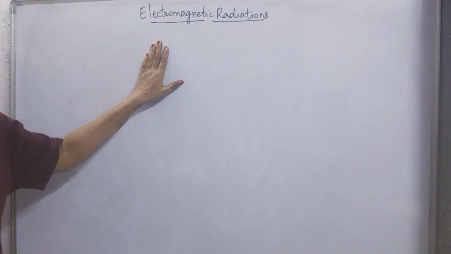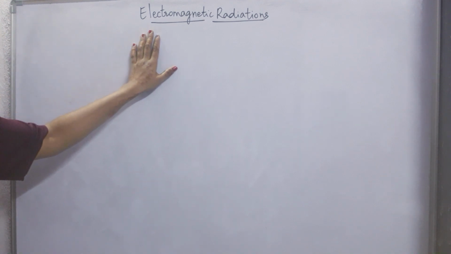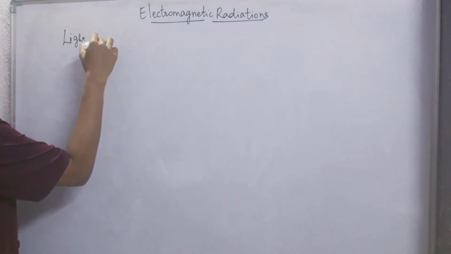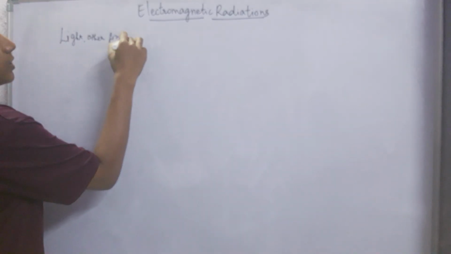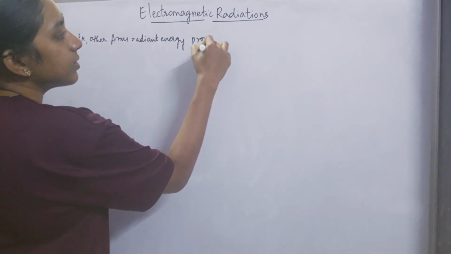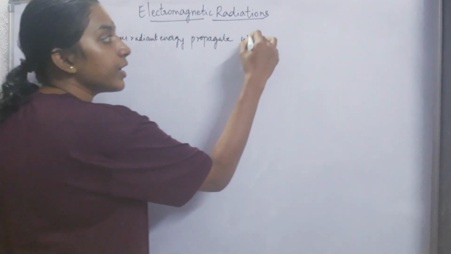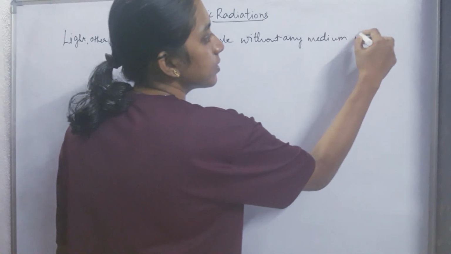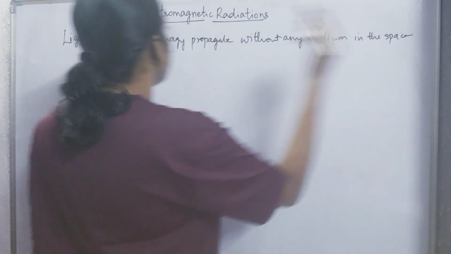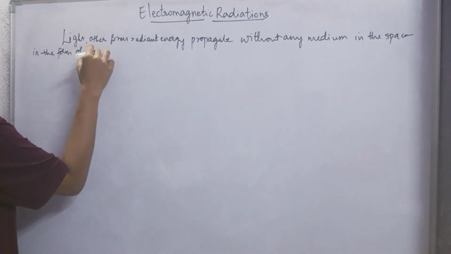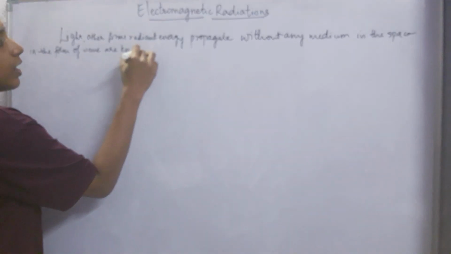So today we'll be seeing electromagnetic radiations. What are these electromagnetic radiations? Light and other forms of radiant energy that propagate without any medium in the space in the form of waves are known as electromagnetic radiations.